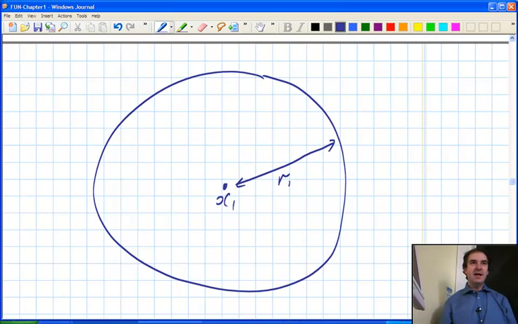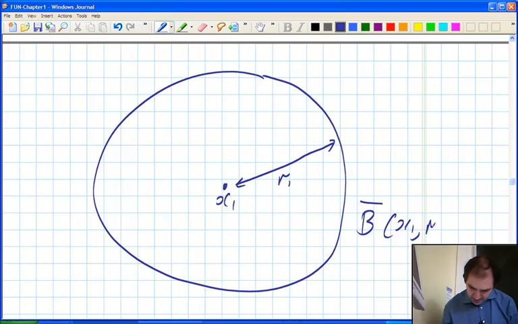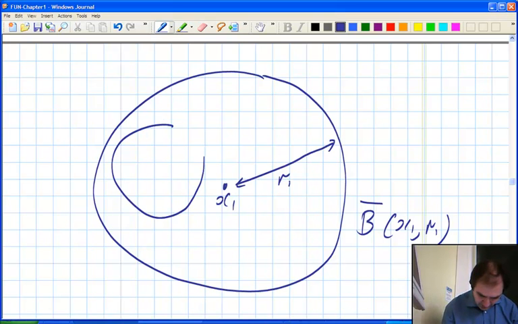Then somewhere in there, and you don't know exactly whereabouts in here, there's another closed ball. So this is the closed ball centered on x1 radius R1. Somewhere in here, you've got a closed ball centered on x2 radius R2. Maybe it's here.